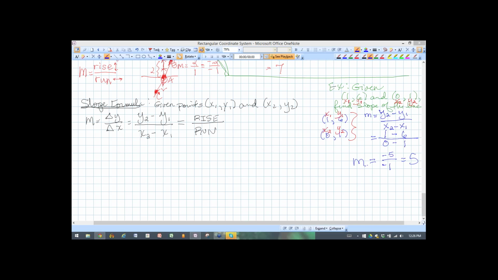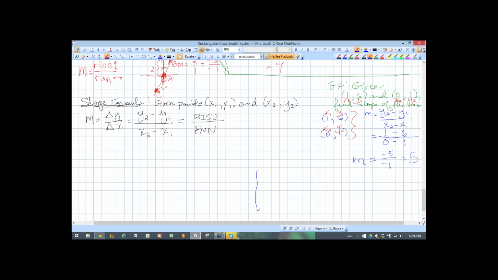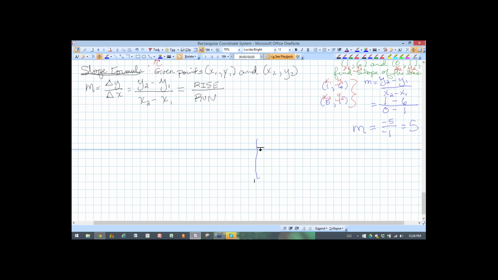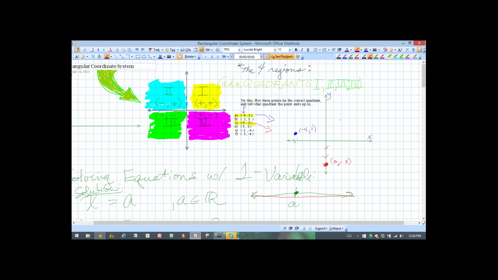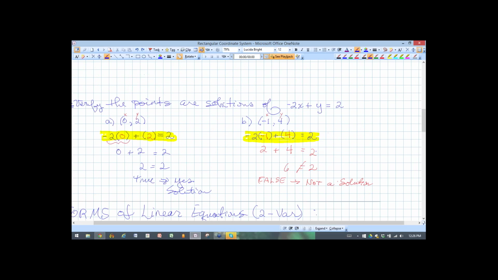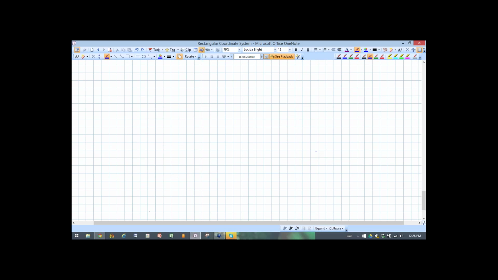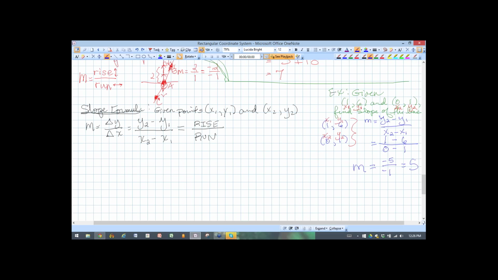So let's make a little area to plot. Let me add a little area down here. Oh, okay. Didn't mean to do that. Go back. Okay, there it is. There we are.